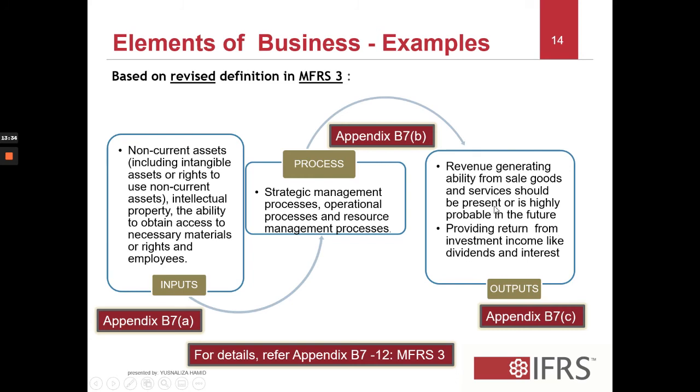Either you generate revenue in the form of goods or services, or sometimes it is the income from investment in the form of dividend and interest. For details, you can refer to Appendix B7 to B12 of MFRS 3.